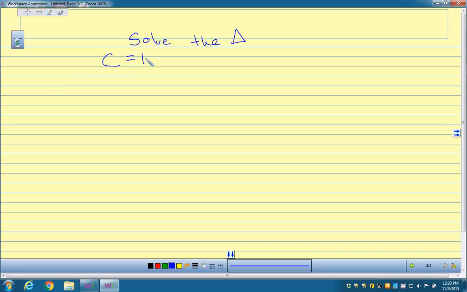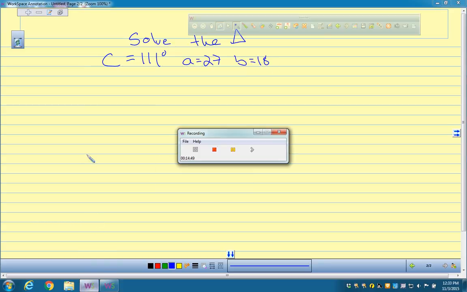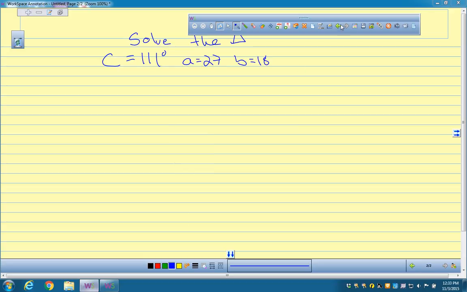C equals 111 degrees. Little a is 27, and little b is 18. If it helps you, you can draw a picture, but you don't have to.